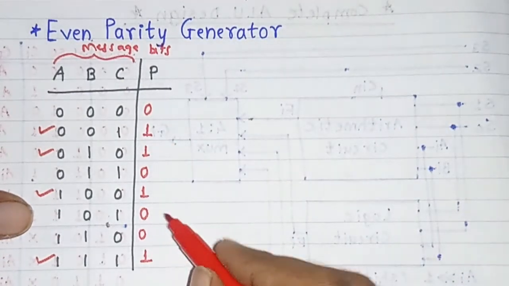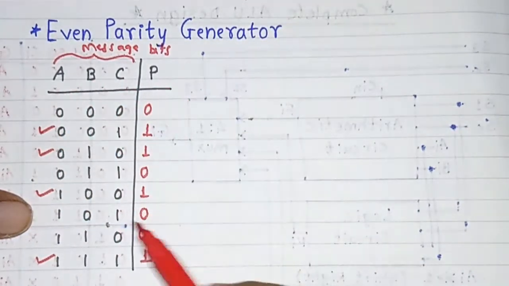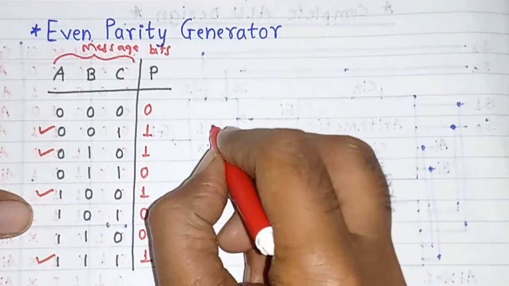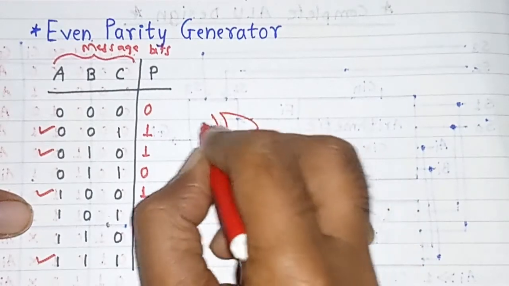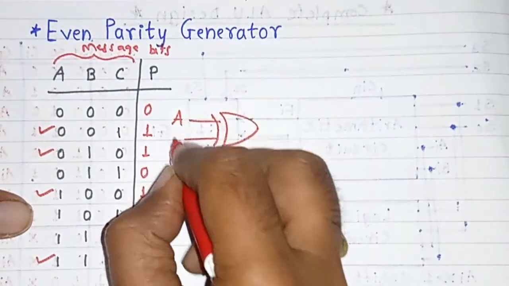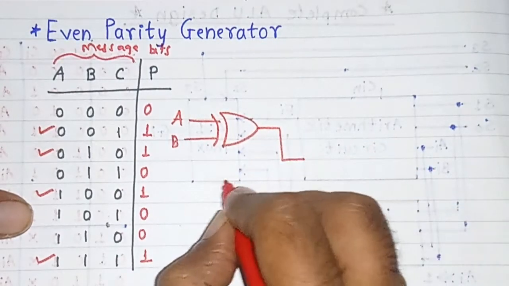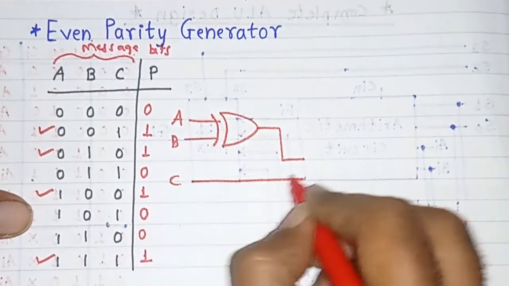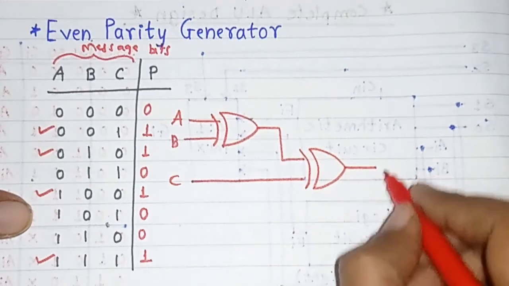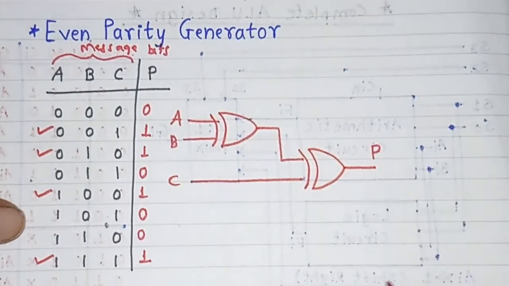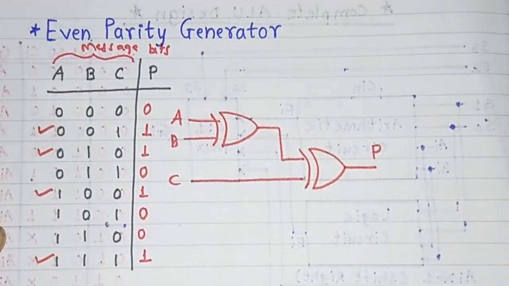By XORing A, B, C, we can obtain the P bit. Here we can simply draw the XOR logic operation: this is our A, B, and finally this will be XORed with C, and this will be our P bit. So this is how we can design the even parity generator.